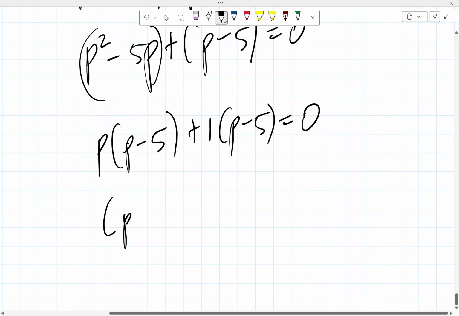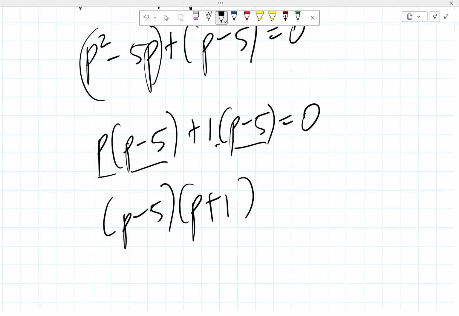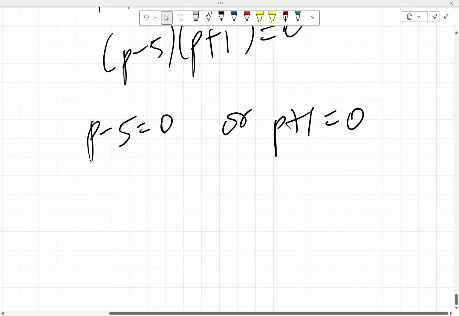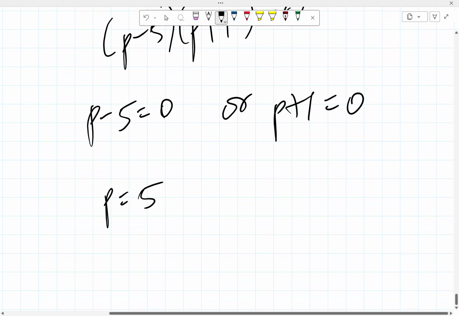So p minus 5 is common, into p plus 1, and that is equal to 0. That means that p minus 5 equals 0, or p plus 1 equals 0. So that means that p is equal to 5, or p is equal to minus 1.